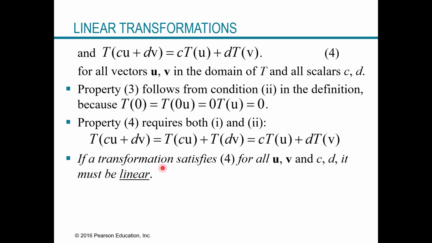And so if a transformation satisfies equation 4 up here, property 4, it must be linear. The point of this sentence is basically if you have that this is true, so a lot of times what we do is we can check property 4, and if we can conclude that the left side of the equal sign equals the right side of the equal sign, then we can use that to say that our transformation was in fact linear.